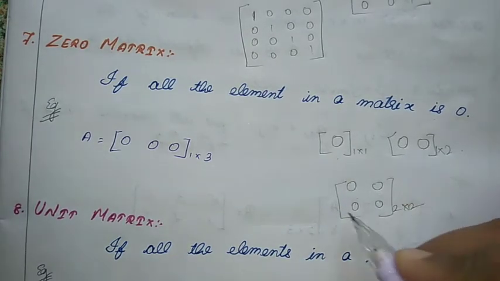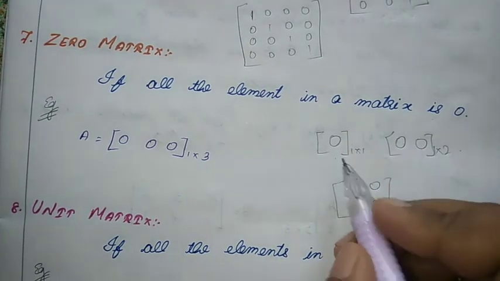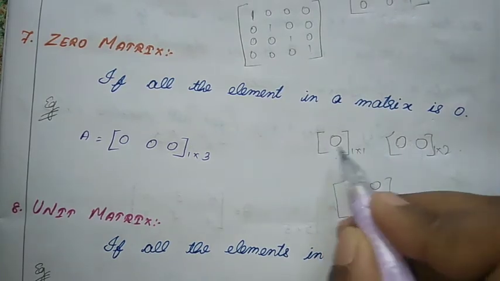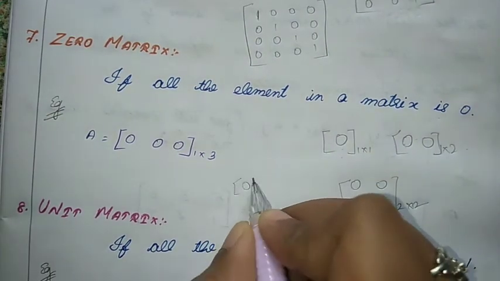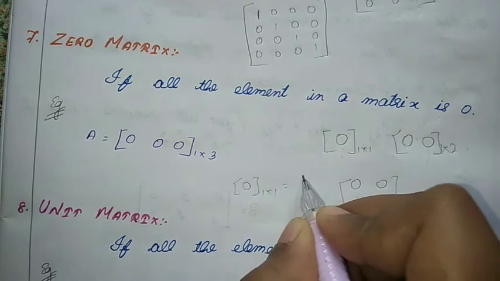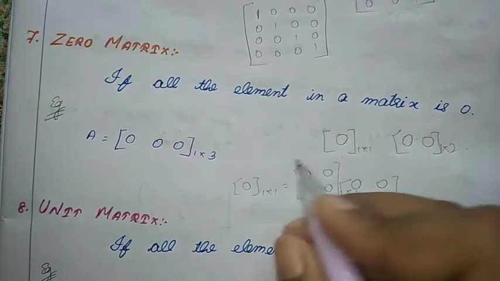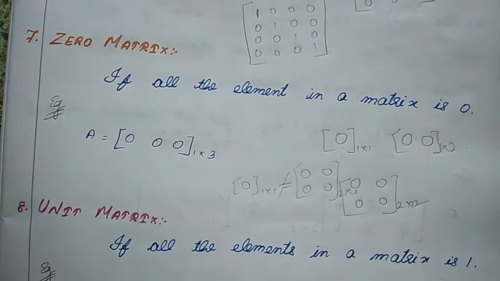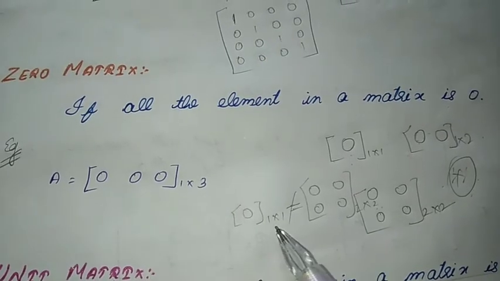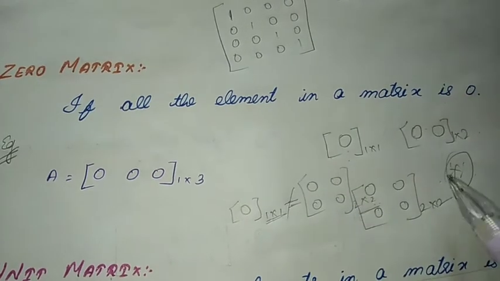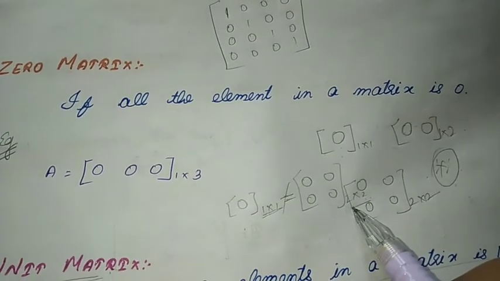Anyway, the entries over here, everything is 0, but these matrices are not equal. That is, a 1 by 1 zero matrix is not equal to a 2 by 2 or 1 by 2 matrix. Why? Because the orders are different.